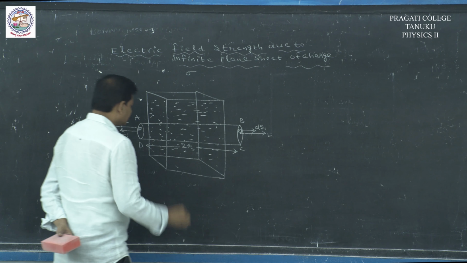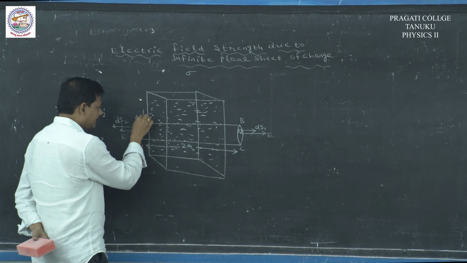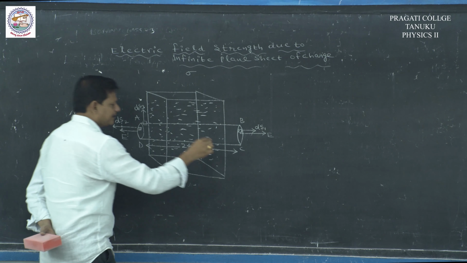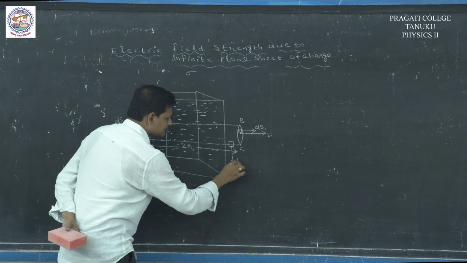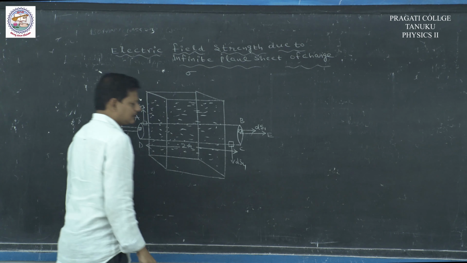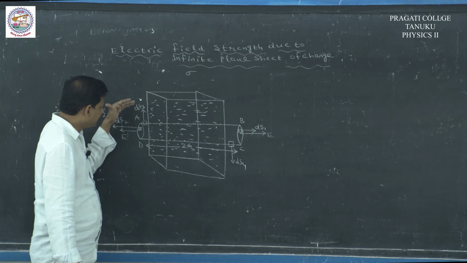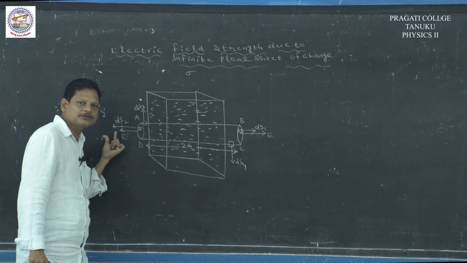Again, consider small elemental areas, say ds3 and ds4, on the curved surface, where ds3 and ds4 are perpendicular to the electric field.